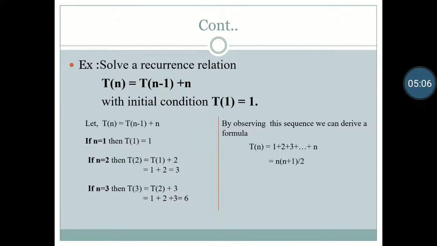For finding the summation of 1 to n, this is the equation: n(n+1)/2. We can check whether it is correct or not.